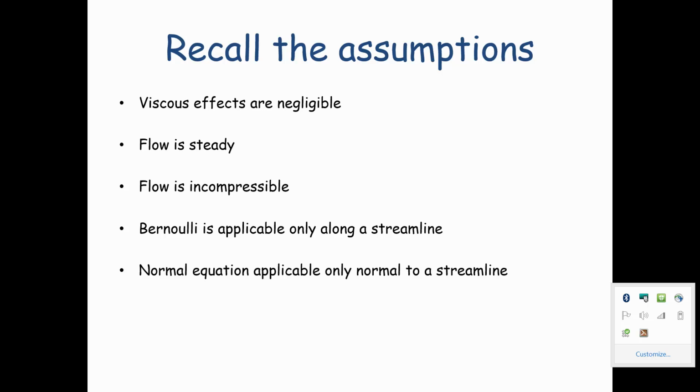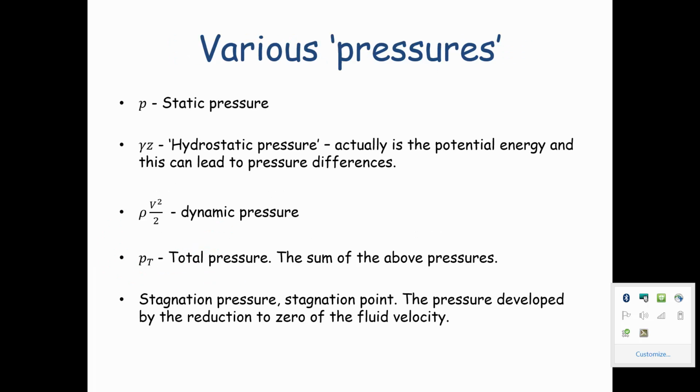It's seen here that Bernoulli equation is applicable only along a streamline, because that's how it was defined. And then what we'll call the normal equation, which is like a Bernoulli equation, but it's applicable only normal to a streamline. All right, and we say that these two right here are assumptions, but basically they come about because that's how, when we derive them, we derive the Bernoulli equation for conditions along the streamline, and we derive this normal equation for conditions normal to the streamline.